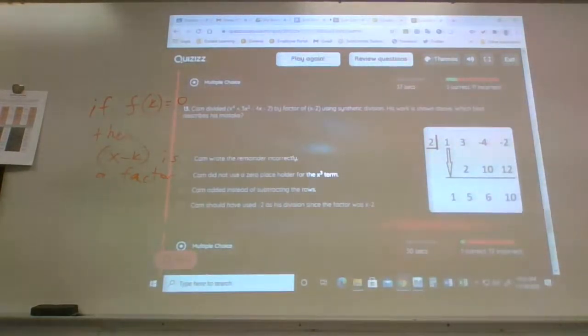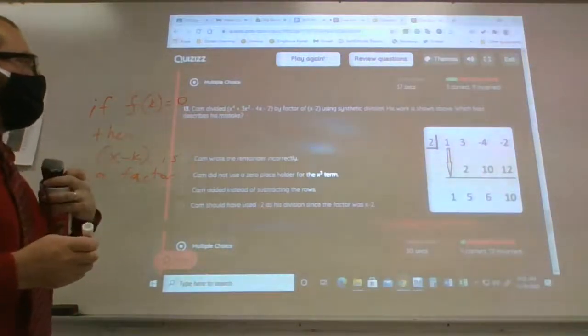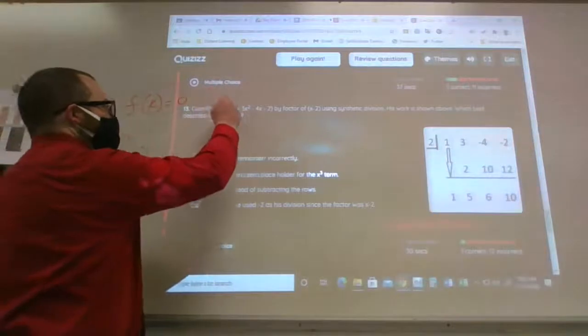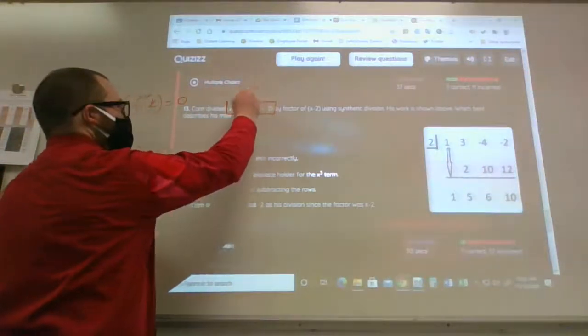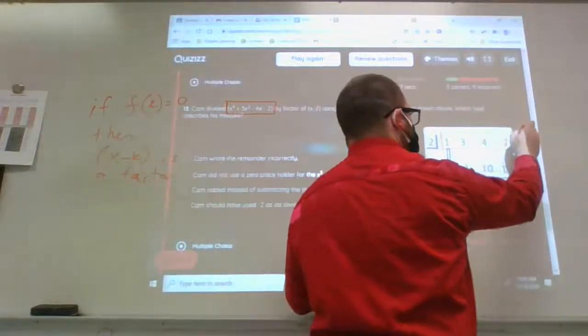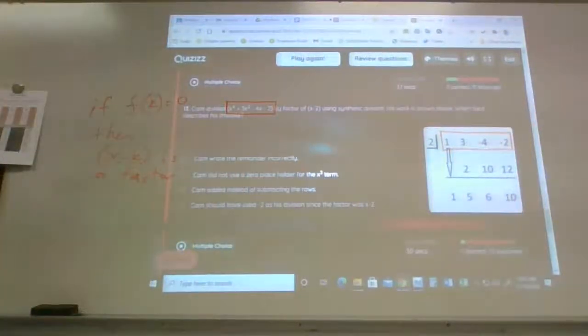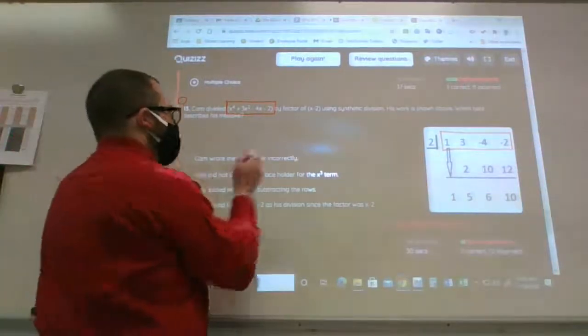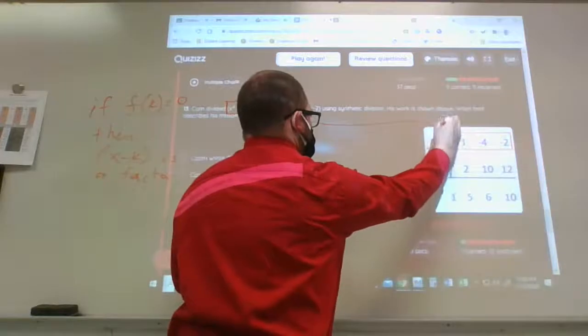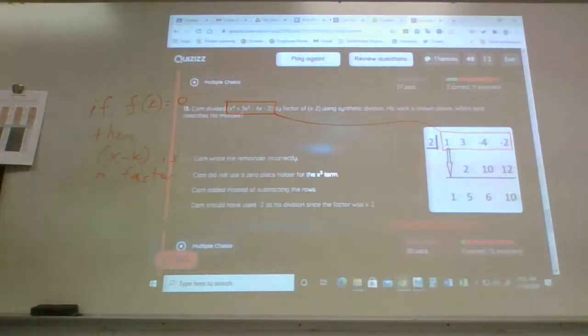What best describes his mistake? Look what I just circled there. I just circled 2 specific things. I'm trying to hone in on exactly what the mistake was. There is a connection between those two that we need to be able to recognize right now.